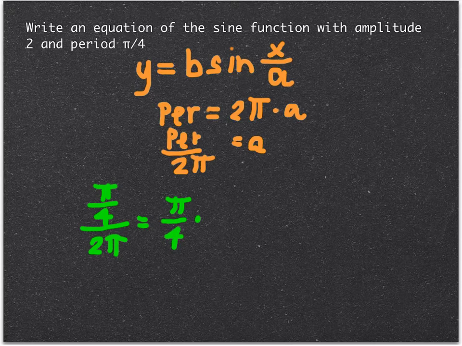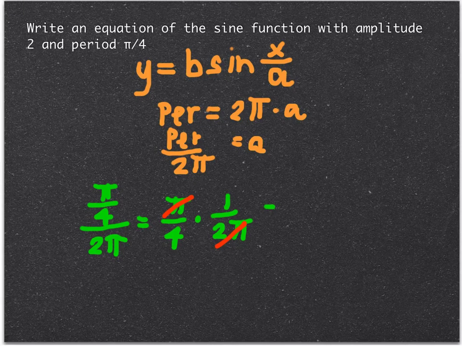Dividing by 2 pi is the same as multiplying by 1 over 2 pi. Notice that the pi's will cancel out here, right? And so what I'll end up with then is 1 over 8. That's what that a value is going to equal.